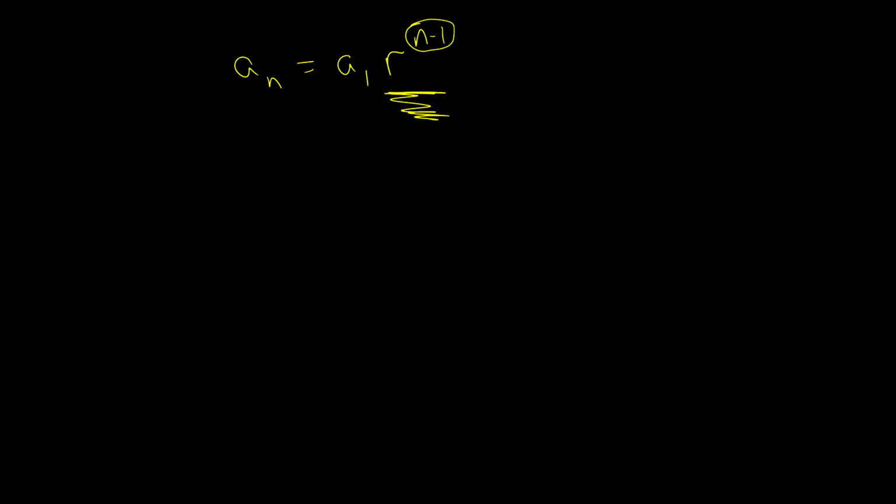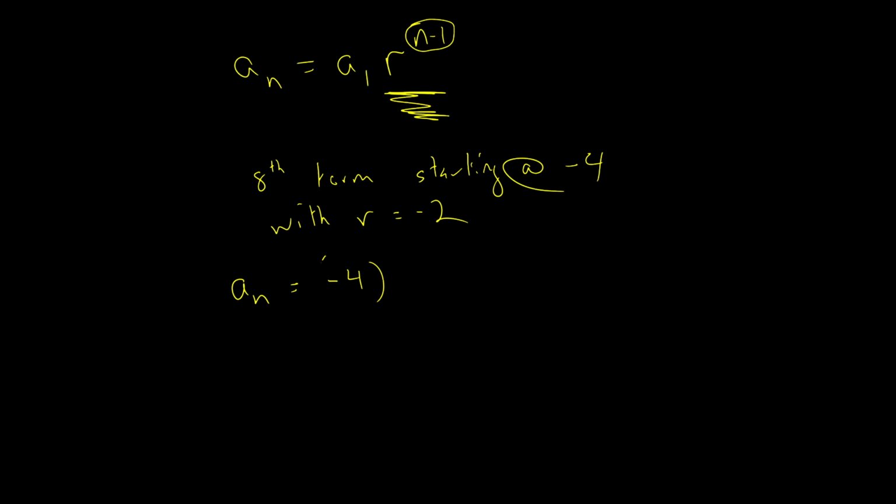And so let's find the 8th term of a geometric sequence. So we'll find the 8th term starting at, let's see, -4 with a ratio of -2. And so a sub n equals -4 times -2 to the n minus 1, or 8 minus 1, I guess, which is -4 times -2 to the 7th.